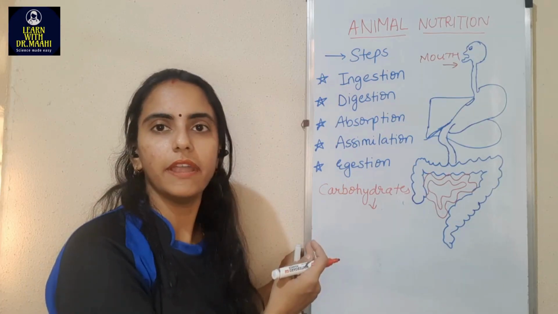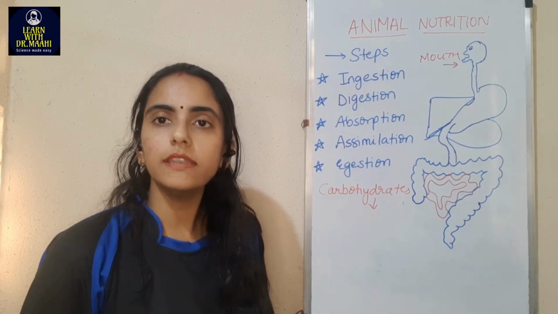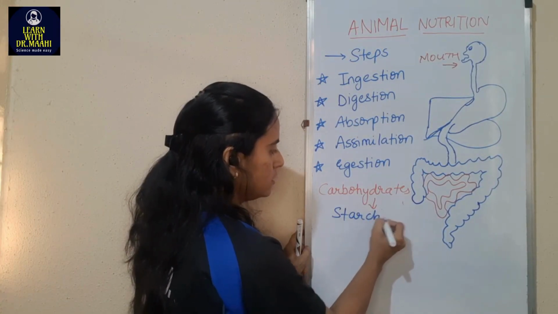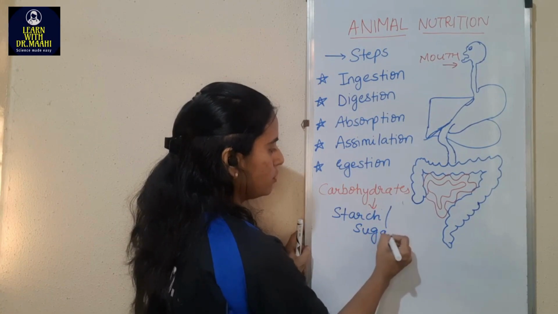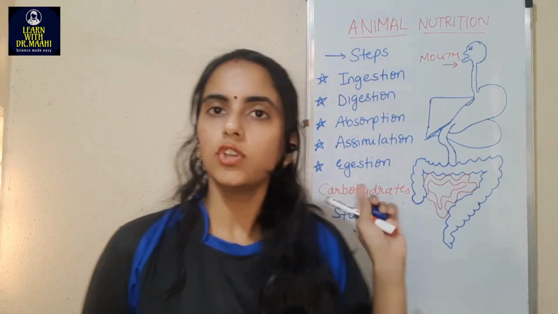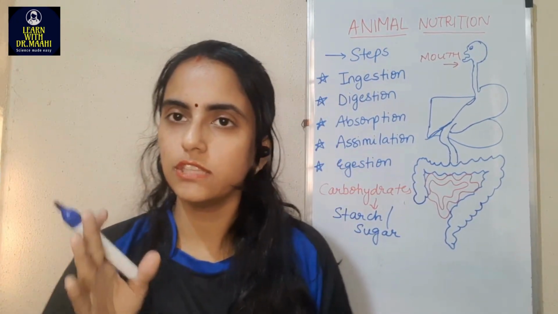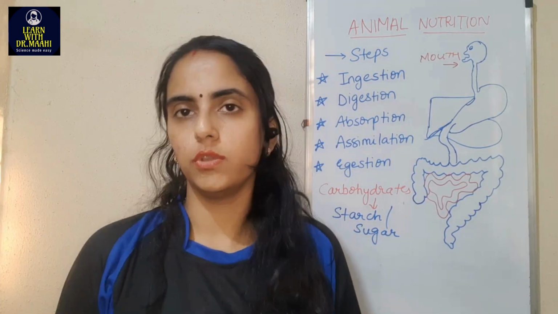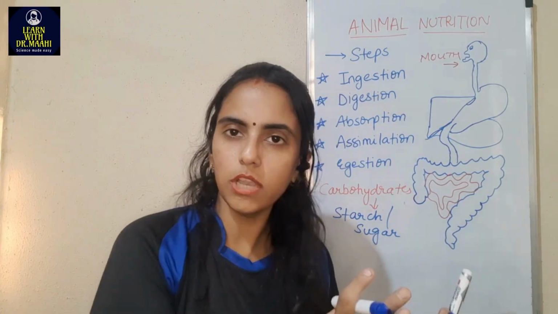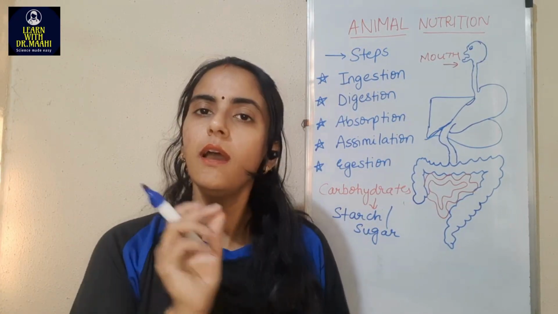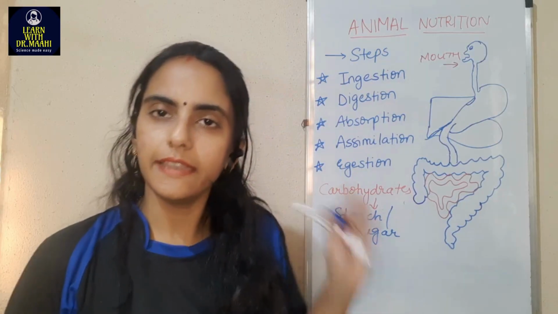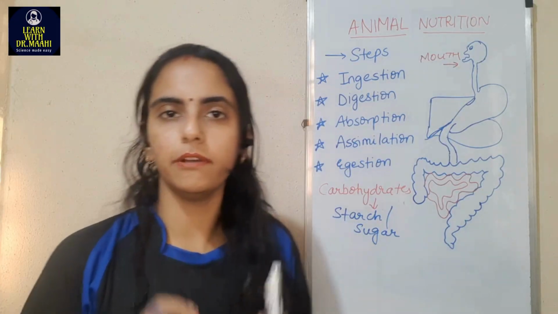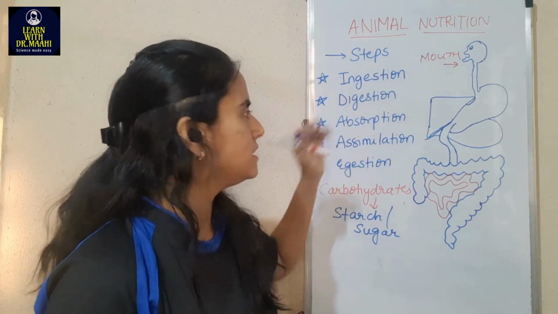When this carbohydrate gets further broken down into a simpler substance, that can be starch or sugar, that process is going to be called digestion. So just remember, digestion is a process where complex molecules are broken down into simpler molecules. In simple words, big molecules are broken down into smaller molecules. In proper scientific language, you can say digestion is a process where the complex food molecules are broken down into simpler food molecules. So that is about digestion.